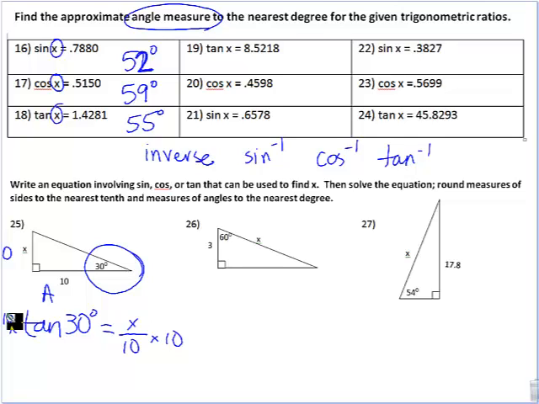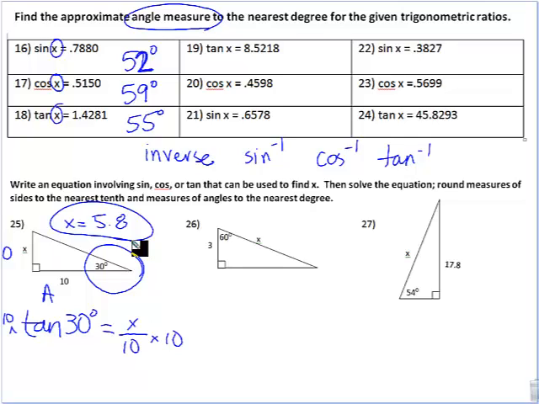And then we're going to round the side to the nearest tenth, and we'll do that for pretty much this whole time. So what do we get for x to the nearest tenth? Yep, 5.8. Everyone able to get 5.8? Or is this refreshing your memory as to how this all works? Yes? Okay. All right, number 26 then.